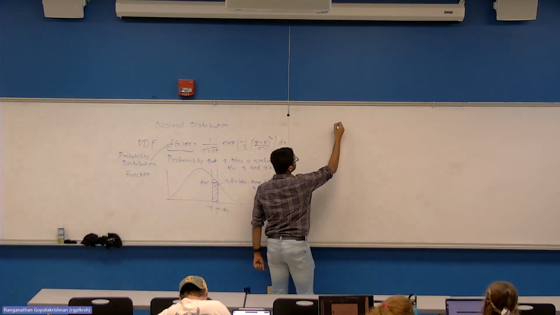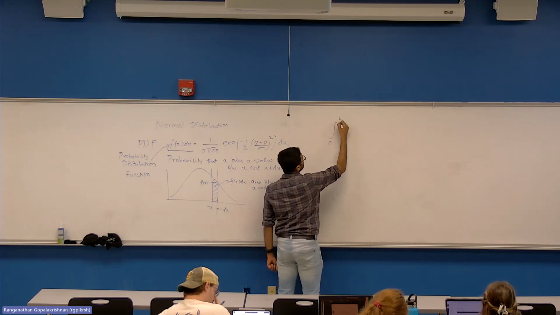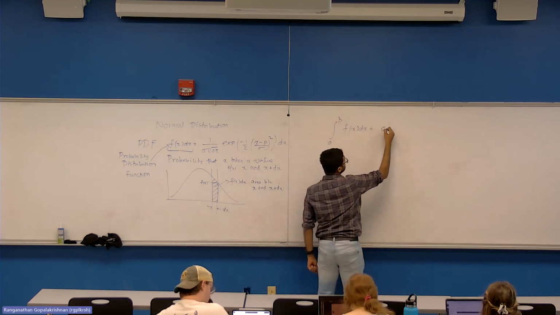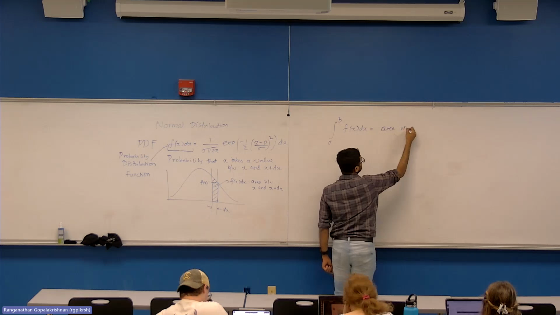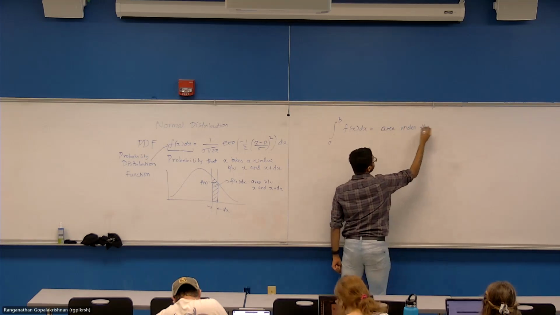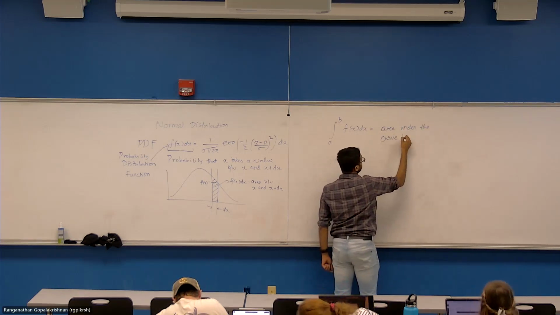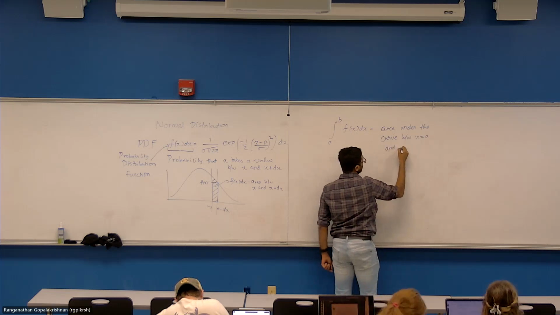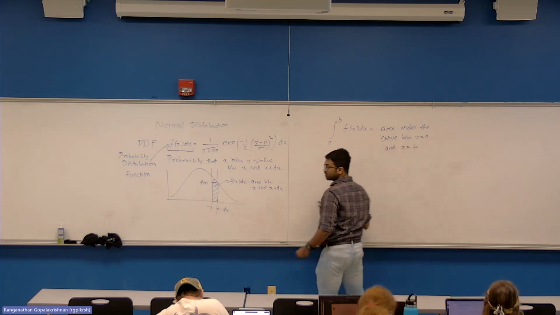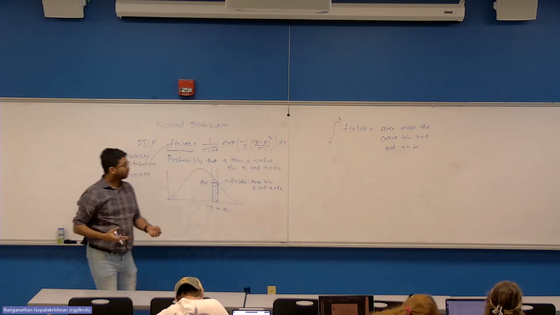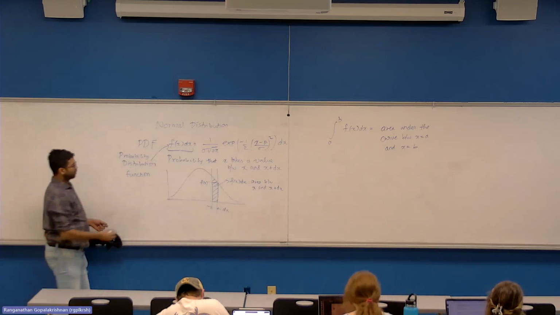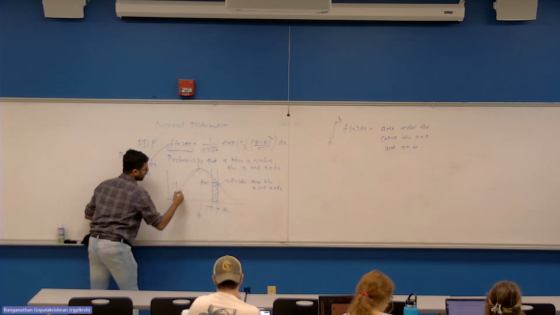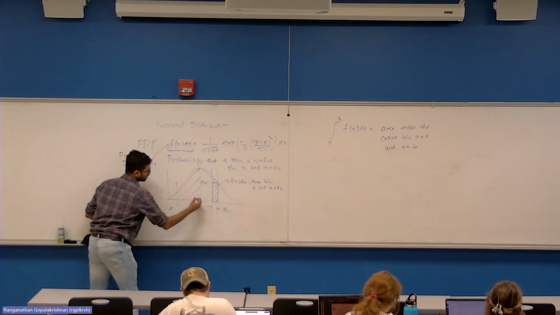And if I write the integral from a to b of f of x dx, what does this represent? This is the area under the curve between x equal to a and x equal to b. So if this is a and this is b, what does this area actually represent?